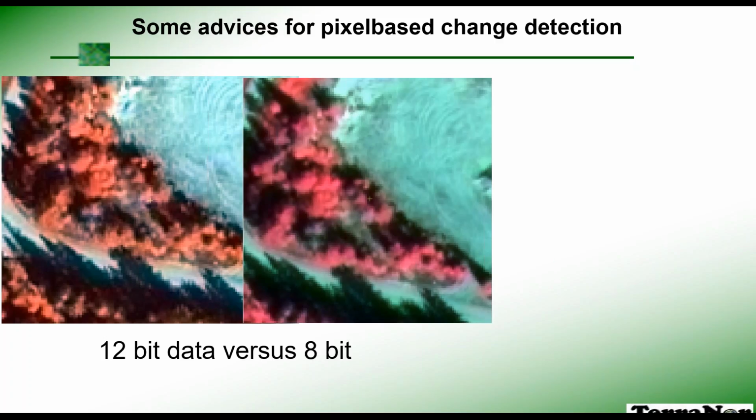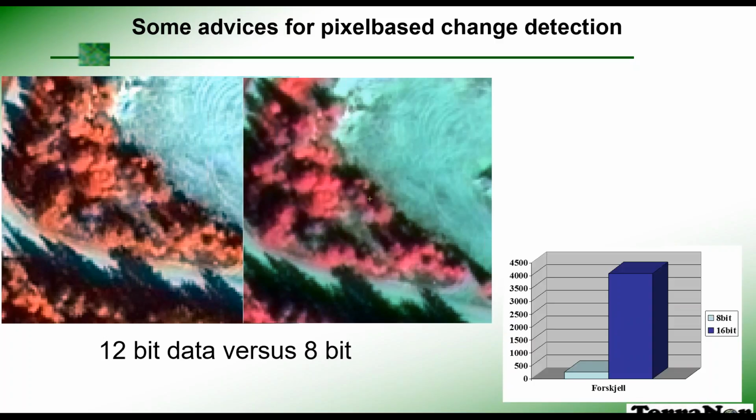There are some minor details that will be lost, and if you have, let's say, some deciduous tree species that are very close in spectral values, you might mix them up because you're removing information going from 12-bit to 8-bit.